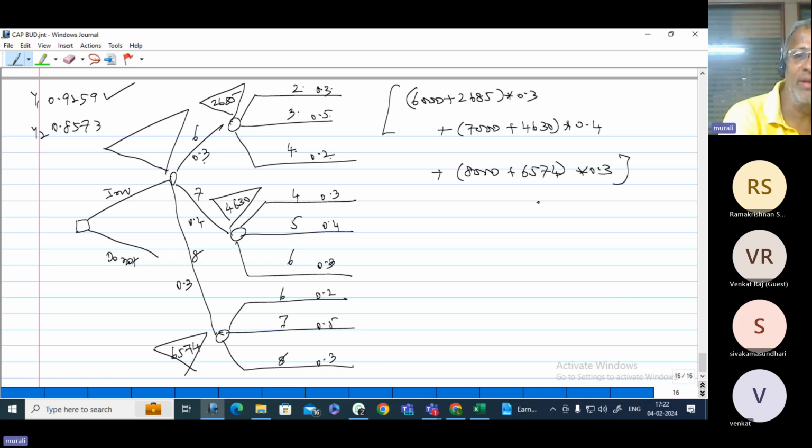The entire summation should be multiplied by 0.9259 once again. Take your calculator and patiently work out, and without any mistake, please just work it out.